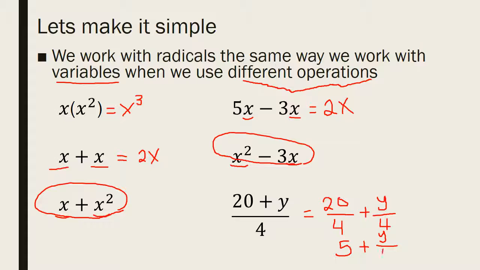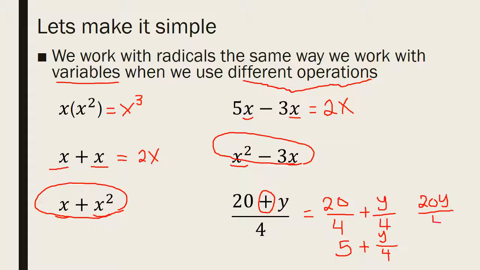Now you have to understand that we can break down the fraction into these two parts if we have addition or subtraction in the middle. Let's assume that we have multiplication instead. So 20y divided by 4.